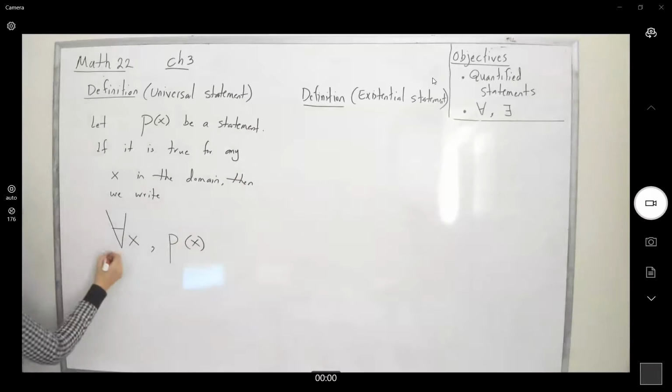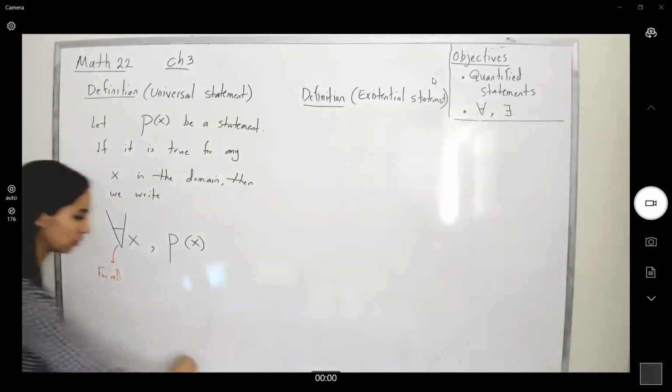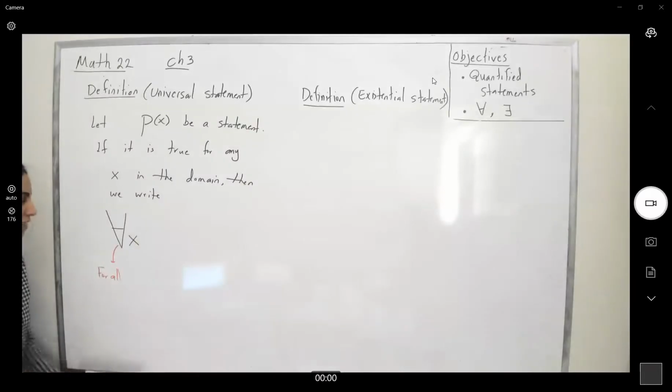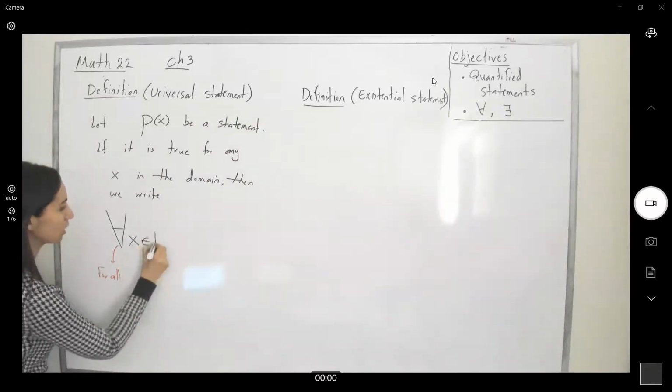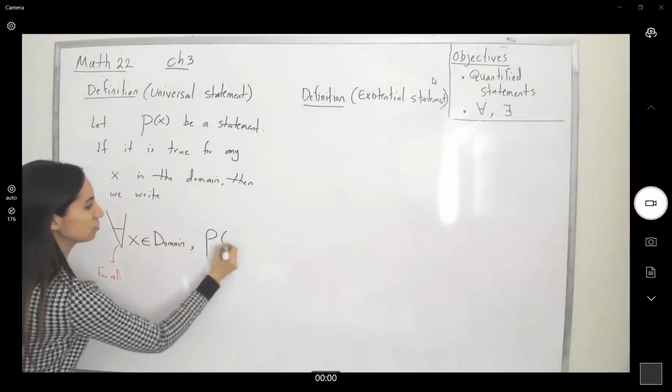We read it this way. For all x. Let's add the domain as well to make sure you know that you're working with the domain. If you change the domain, you might not get the correct answer. For all x belonging to the domain, comma, P of x.